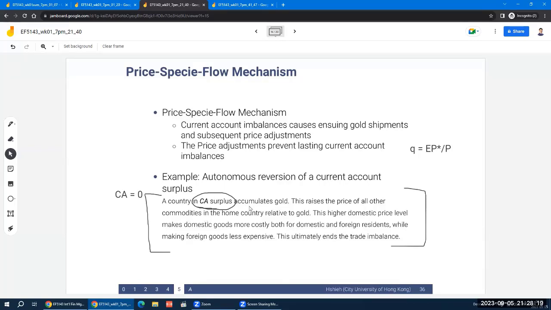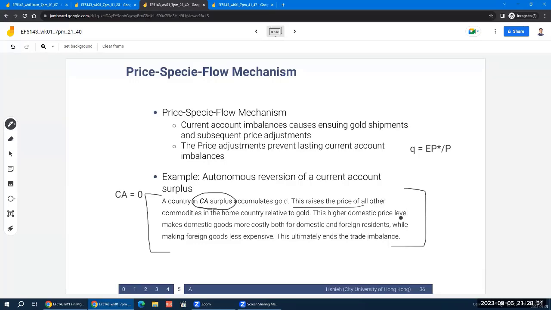And with this surplus, they can now accumulate gold, because everybody wants to buy goods from you, so they're bringing gold in. And this will raise prices, right? Do you agree? We learned from the example with apples and the Hong Kong dollar peg. If you suddenly have a productivity shock in which domestic goods become cheaper because everyone's more productive, then more people want to buy from you, right?